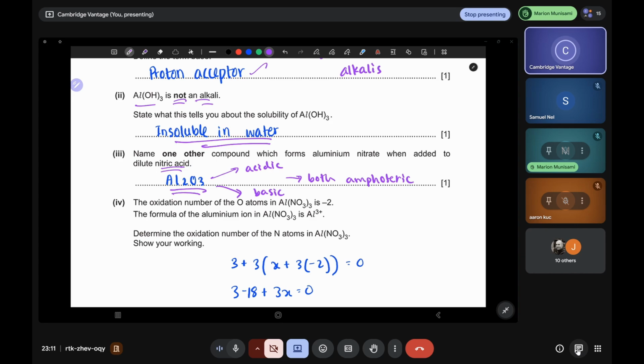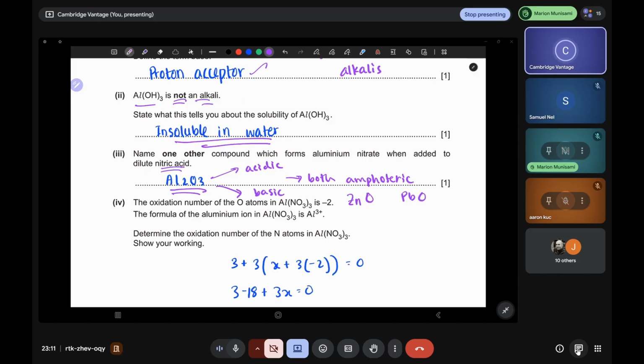Aluminum oxide is an amphoteric oxide. Have you learned any other amphoteric oxides as part of your syllabus? Right. In case you haven't, the two that I will tell you now are zinc oxide, ZnO, and PbO. Zinc and lead oxides are also amphoteric oxides, if I'm not wrong.